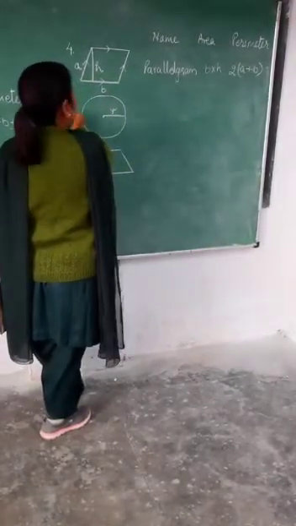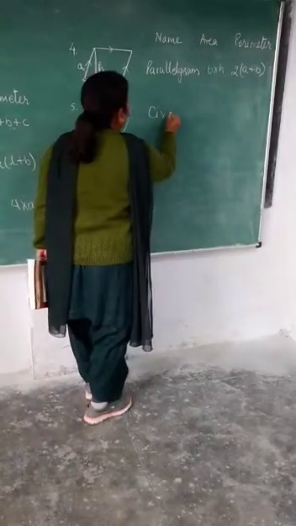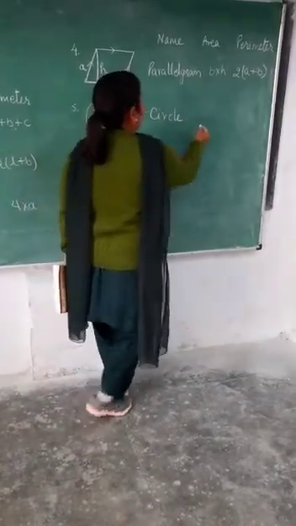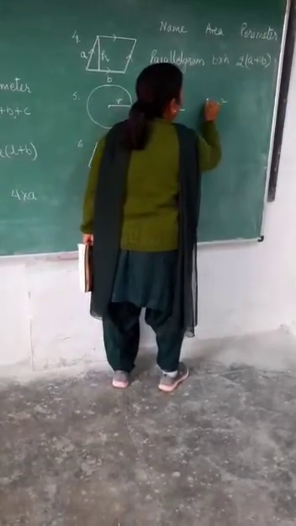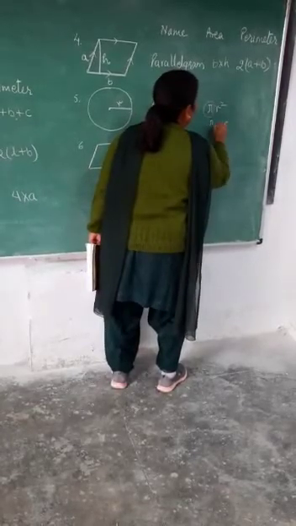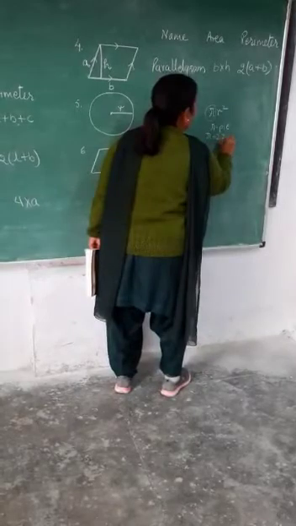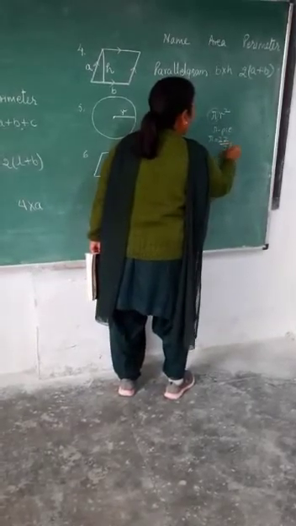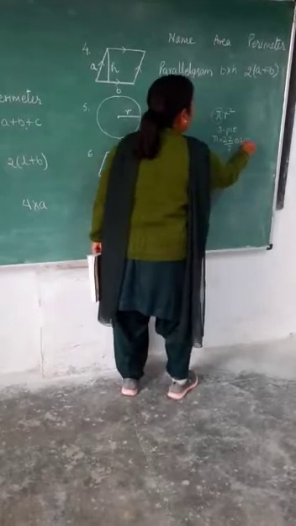Now the next figure is a circle, and the formula for area of circle is pi r square. This is called pi, and the value of this pi is either 22 upon 7 in fractional form or 3.14 in decimal form.